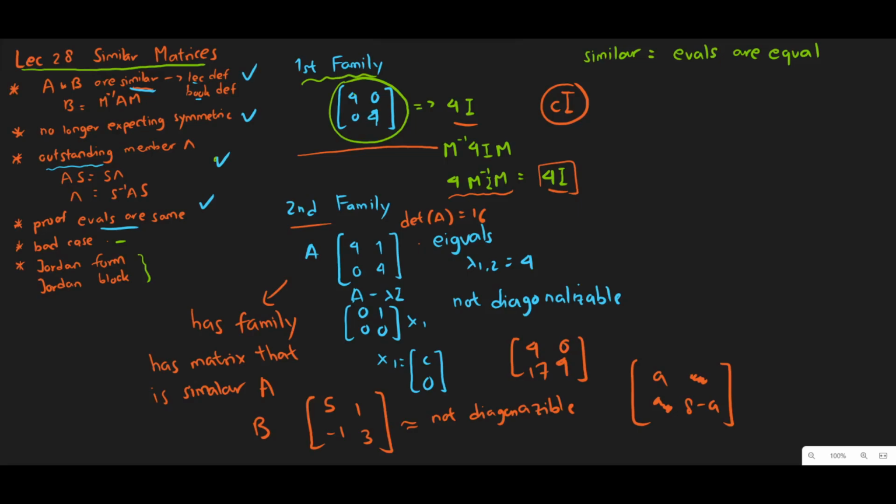So the whole point of this example is to remember that this case here, the diagonal case with some constant times identity, only has one member. Meanwhile, this one looks diagonal, right?